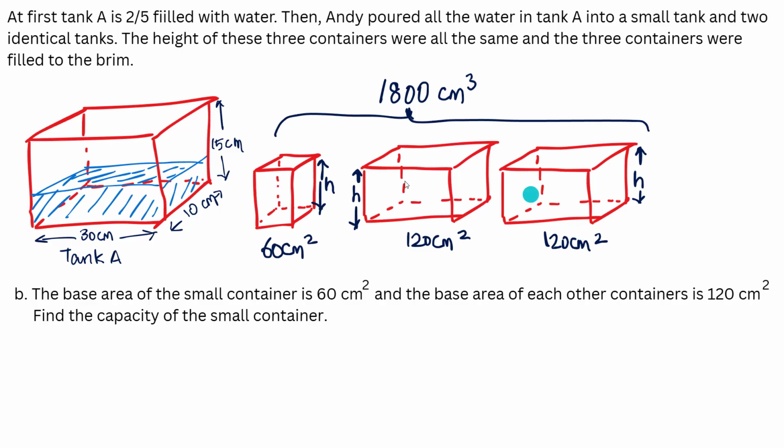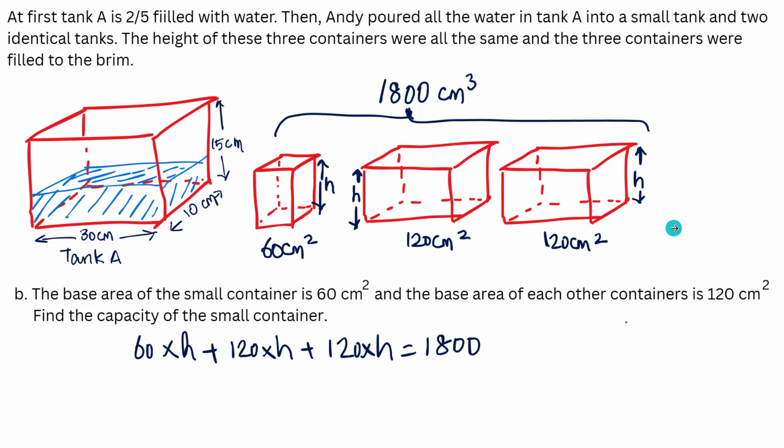So the total volume is equal to 1,800. So that can be written as 60 base area times height plus 120 times height plus 120 times height, that is equal to 1,800. This is an equation with only one variable, so we can just add all these and h can be easily found out.